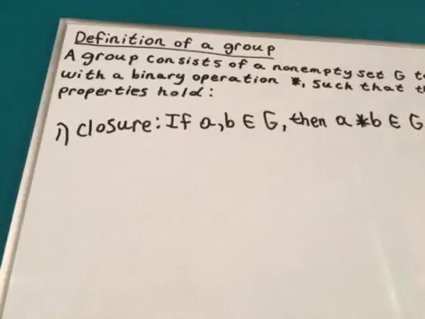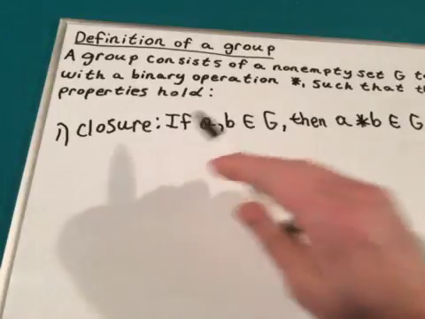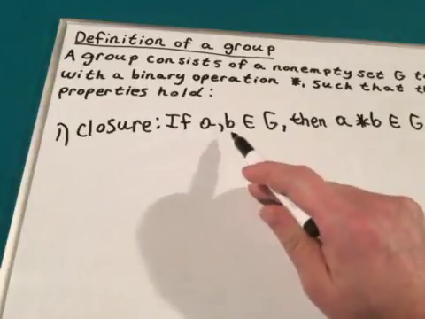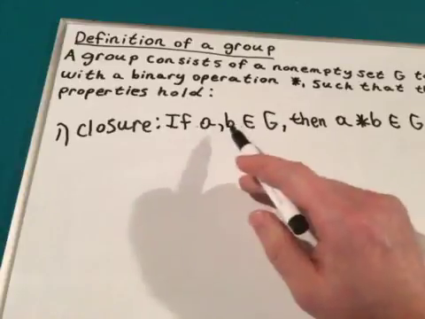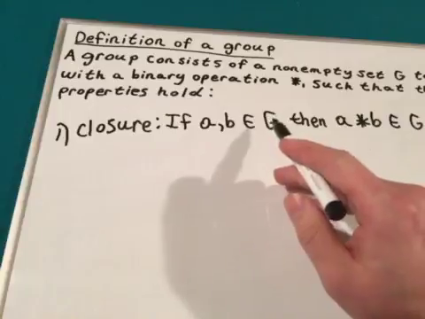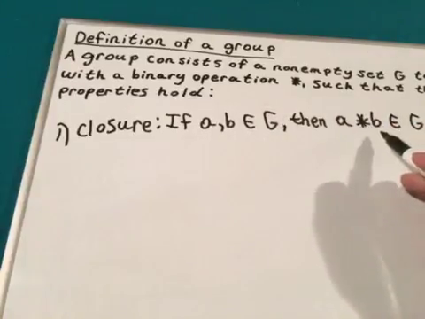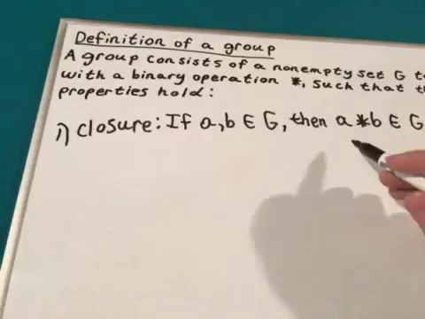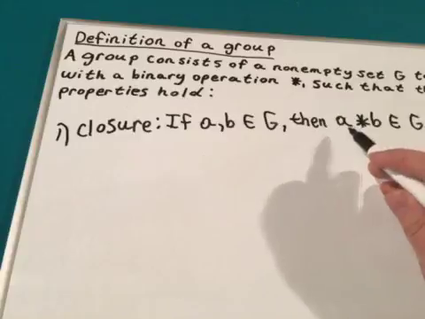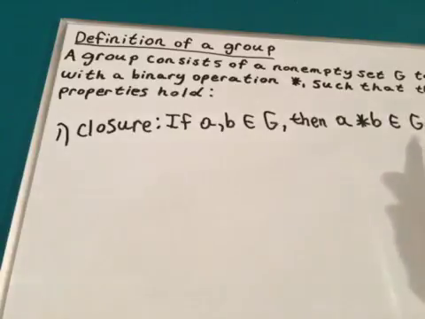Looking at the integers under addition, if you take any integers A and B in this group and perform the operation on them, the operation here being addition, what you get is an integer.